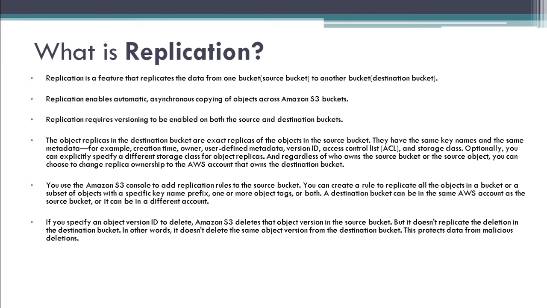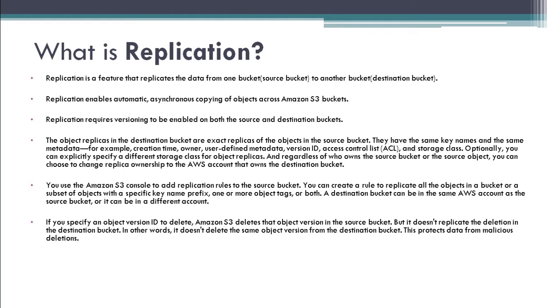across accounts. If you specify an object version ID to delete, Amazon S3 deletes that object version in the source bucket, but it doesn't replicate the deletion in the destination bucket. In other words, it doesn't delete the same object version from the destination bucket. This protects data from malicious deletion.